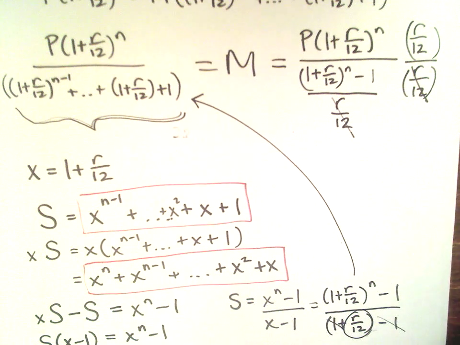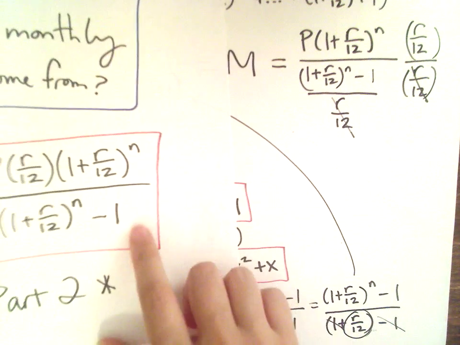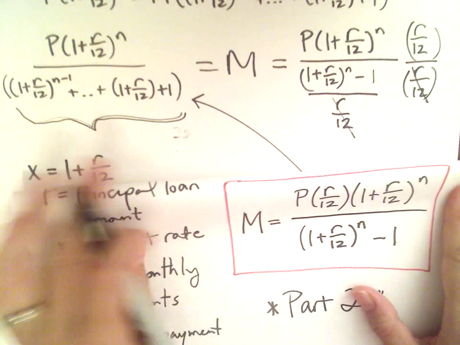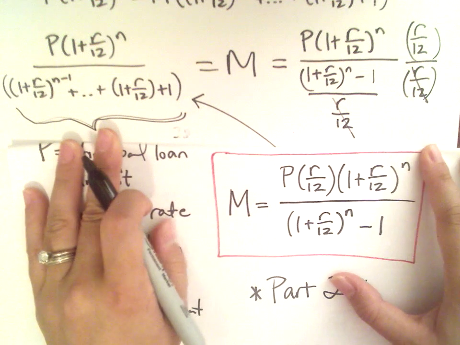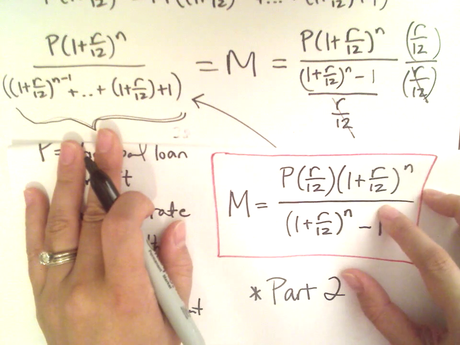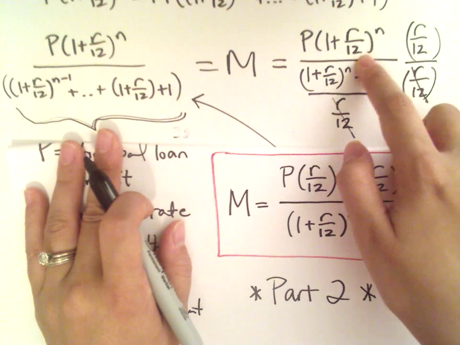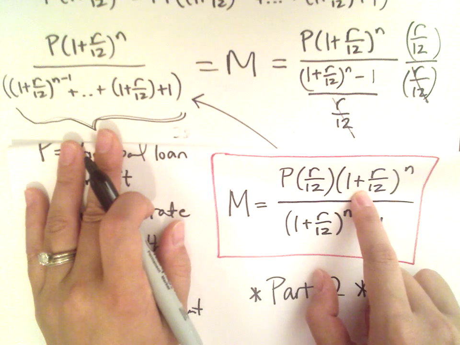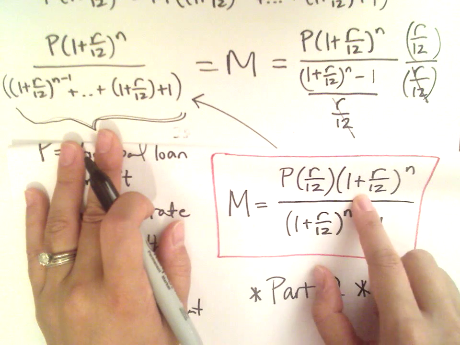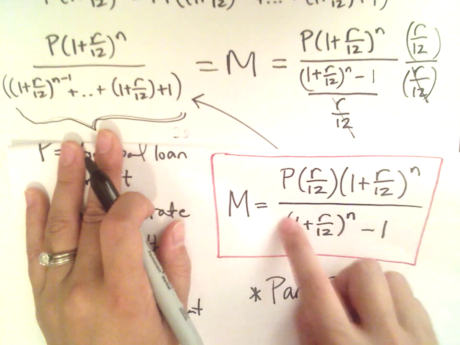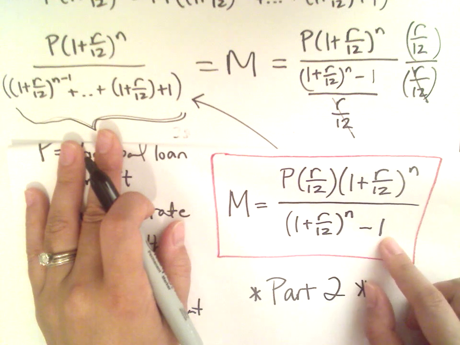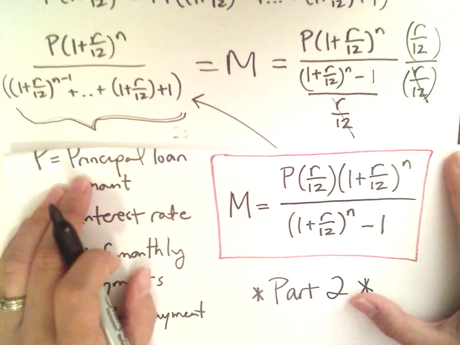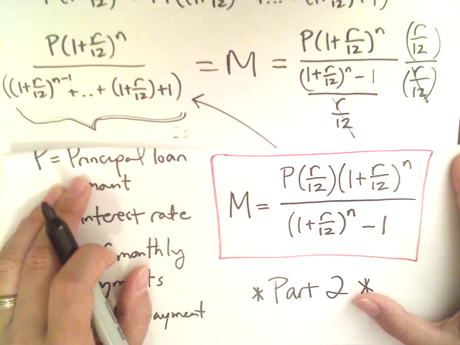And now to get it to look like the form over here, let's see if we can do this, that we want. Well, we got that part. And now we just multiply this in here, and I just reordered things so that we write p times r over 12 times 1 plus r over 12 to the nth power over 1 plus r over 12 to the nth power minus 1. So once I simplify this, I get this formula. Yay, the end.